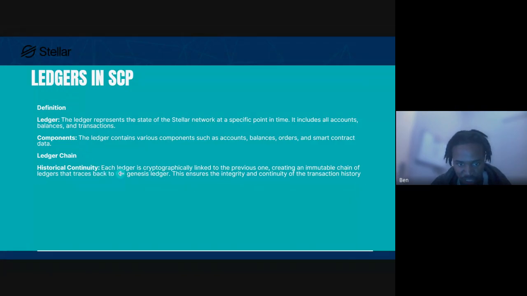Each ledger is cryptographically linked to the previous one, creating an immutable chain of ledgers that traces back to the Genesis ledger. This ensures the integrity and continuity of the transaction history. As you saw on the Explorer, you can see the previous hash of the previous ledger, and we're at ledger number 58 million plus.